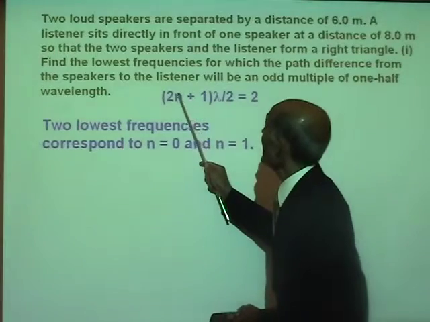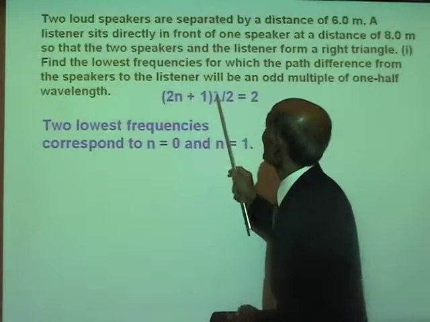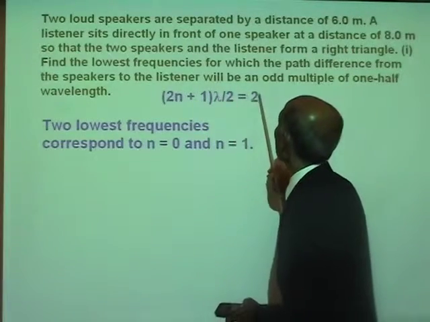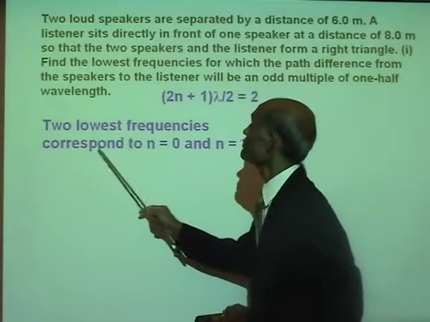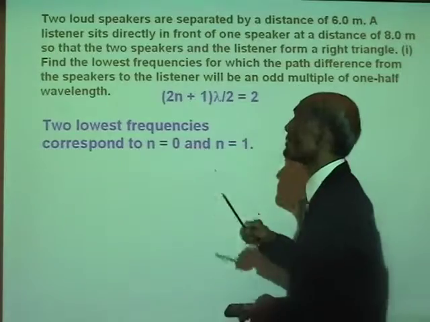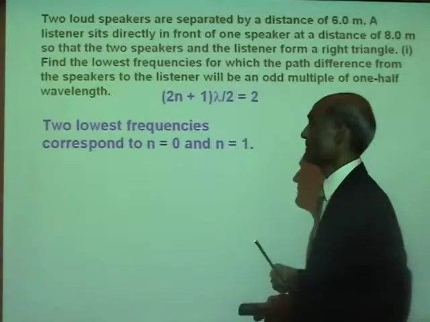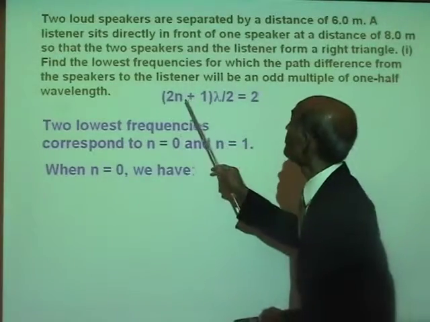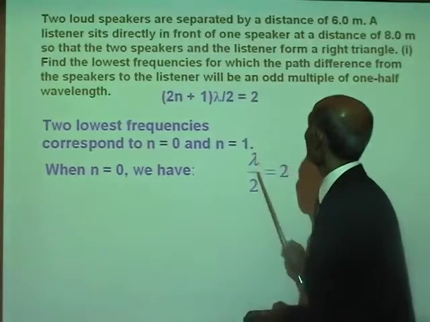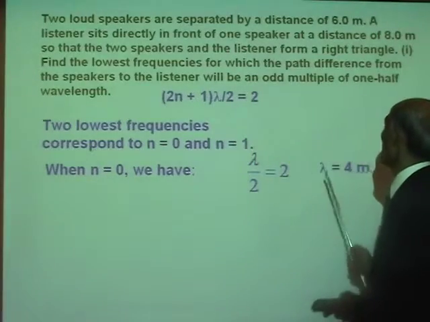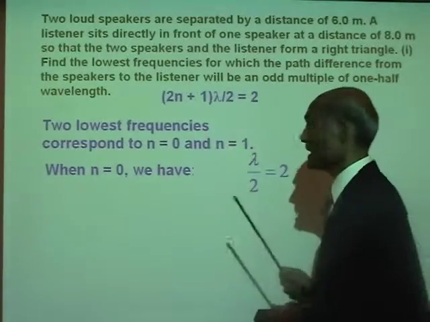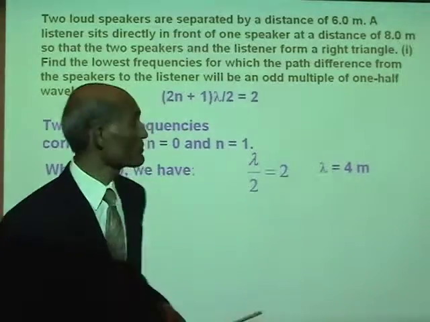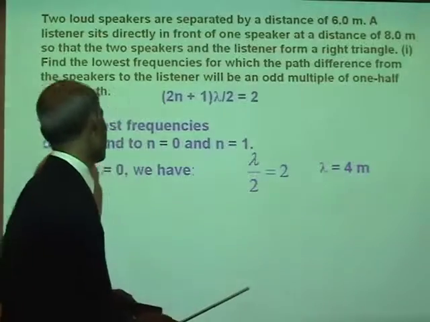You see, when n equal to 0, you got lambda by 2 equal to 2. Is that right? So the lowest frequencies correspond to n equal to 0 and n equal to 1. And when n equal to 0, we got lambda by 2 equal to 2 or lambda equal to 4 meters. So the wavelength of the lowest frequency is 4 meter.